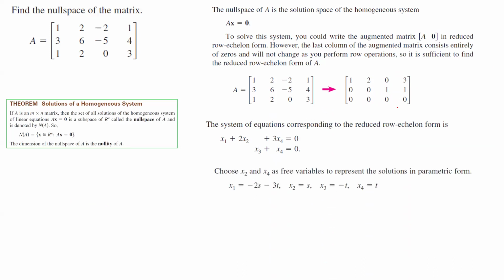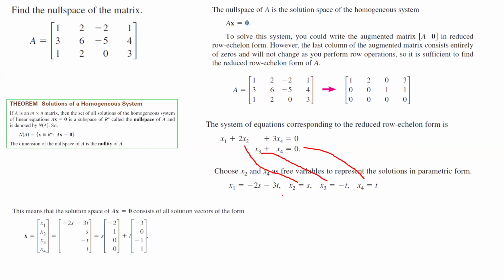We need to introduce some free variables, like we can take x4 equals t, and x3 becomes negative t. If I plug in t here, my x3 becomes negative t. For the first equation, we have x4, which is t, but we need to introduce a new parameter for x2. So let us call it s. Then x1 can be written in terms of s and t.